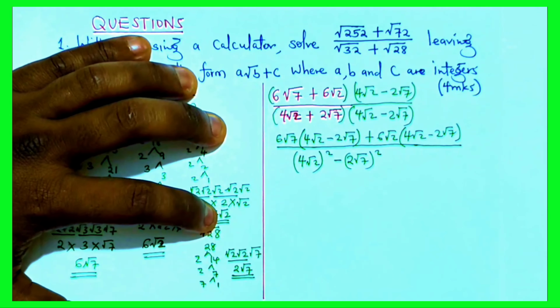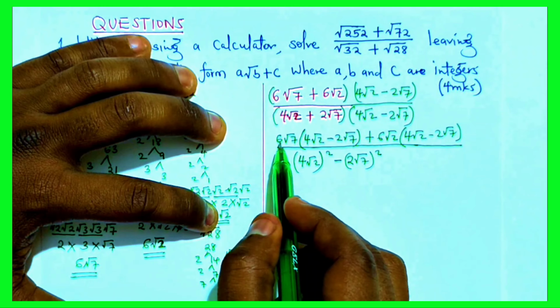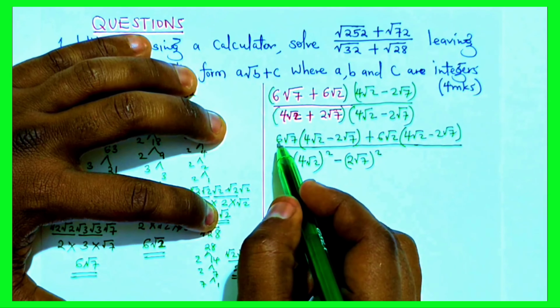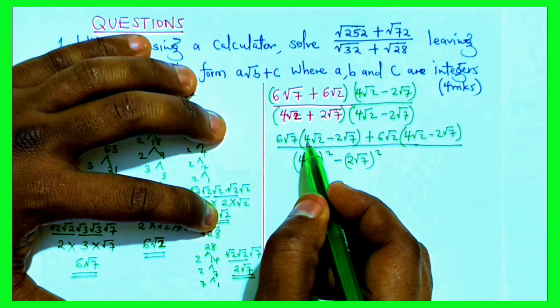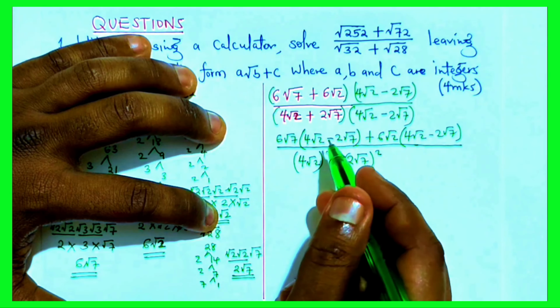Okay, and then the next step is to open the brackets here, and we said you're going to multiply the whole numbers and then the surds, and then we combine. So this will be 6 times 4, that is 24, and then root 7 times root 2, that is root 14.